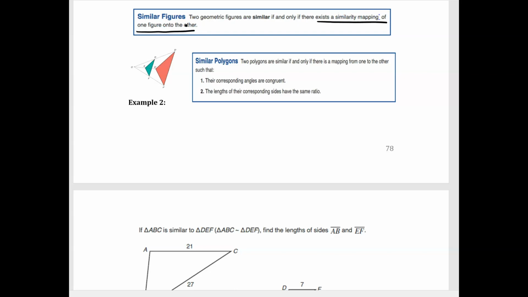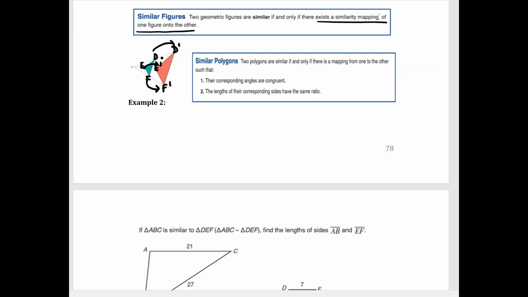And a mapping just means that you can take one point. For instance, I know this is small here, but this is D and this is D prime. Every single point on the original figure maps, or corresponds, to a point on the other figure.